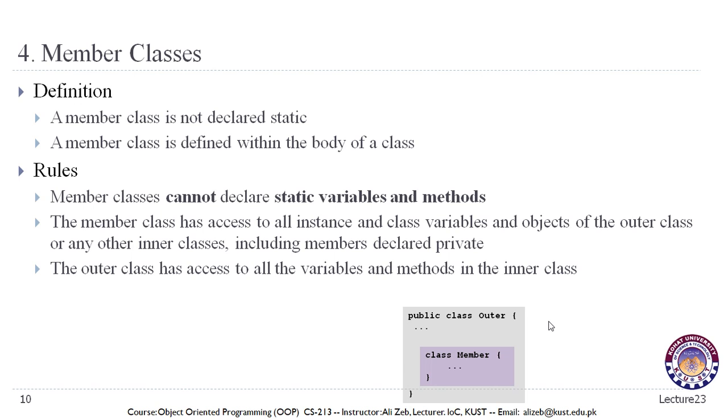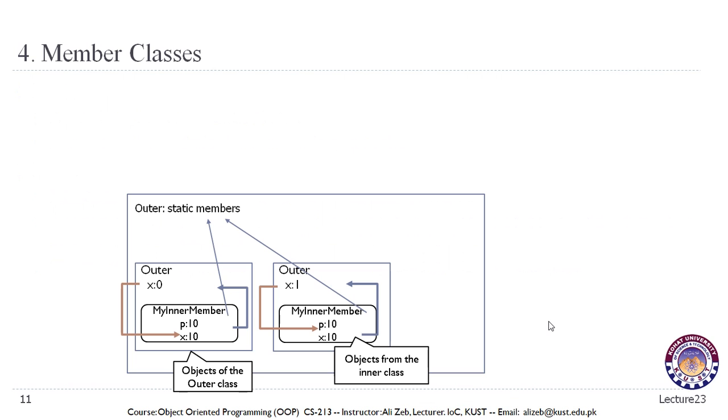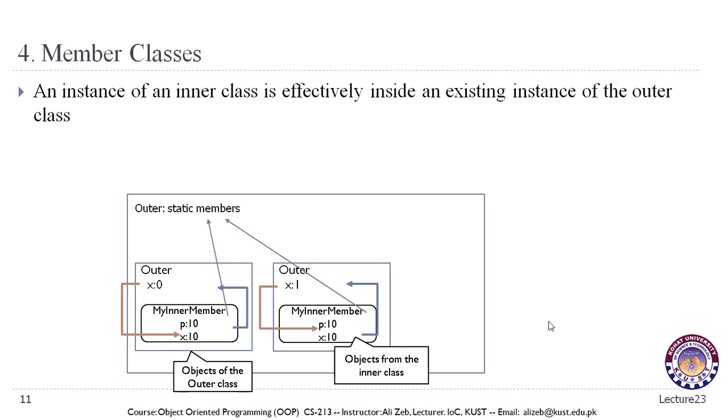So if we have an outer class, then we have a member class inside the outer class. An instance of an inner class is effectively inside an existing instance of the outer class, as we can see over here.